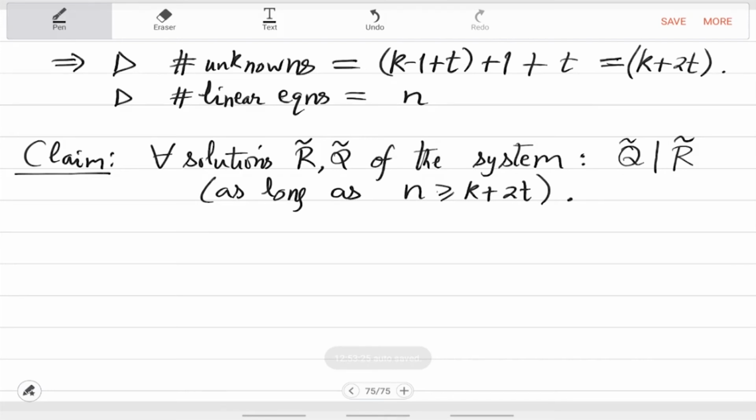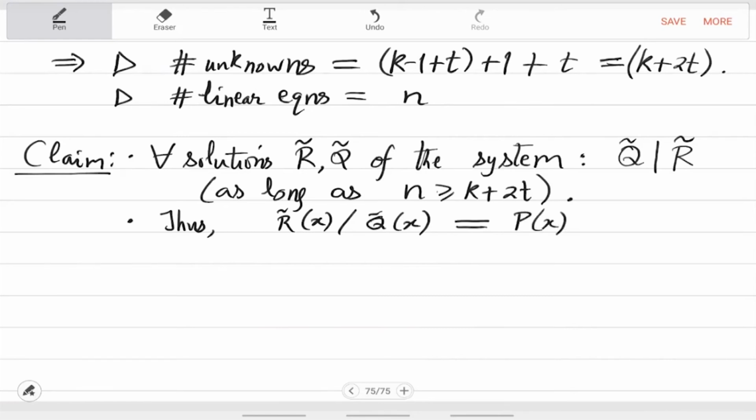and it will have a great consequence, which is: when you compute the quotient R tilde(x) divided by Q tilde, what will that be? So intuitively that will be P(x). This also we have to show.